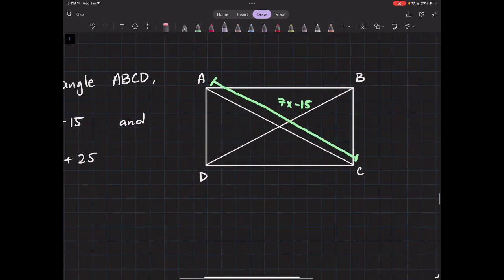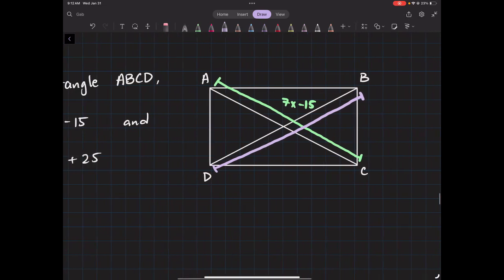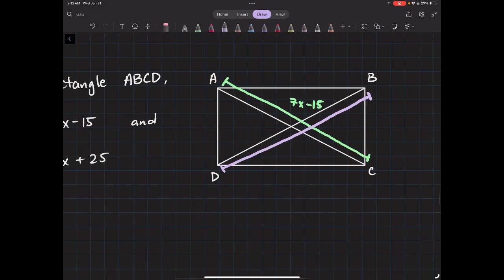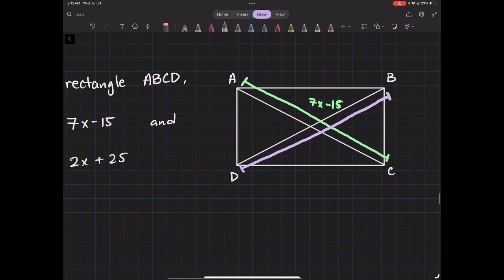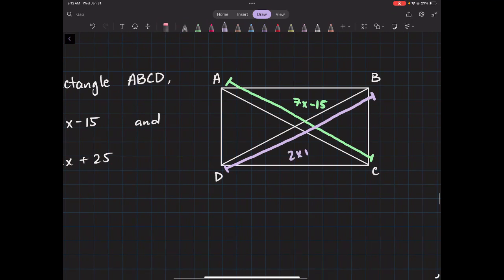And then for BD, I'll do it like this. For me, the colors will help you guys out, but maybe try to use different color pens. So it'll be 2x plus 25.